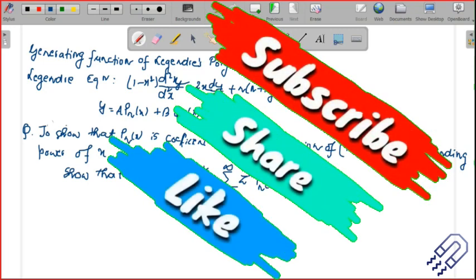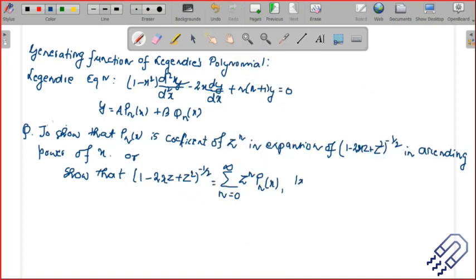You can write down a function in fx also, but it's a Legendre function, so we represent it by Pnx. Okay, so it's just a way to represent it, there is no confusion there. Okay, it's quite simple. Okay, so let's try to prove this.